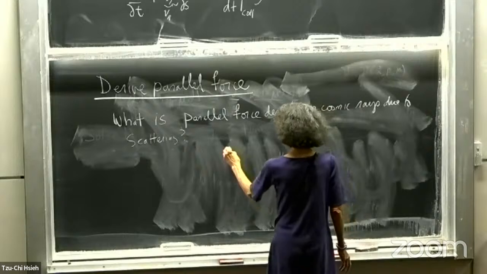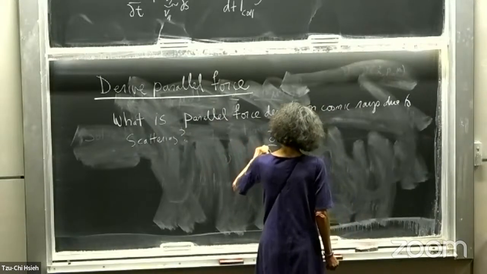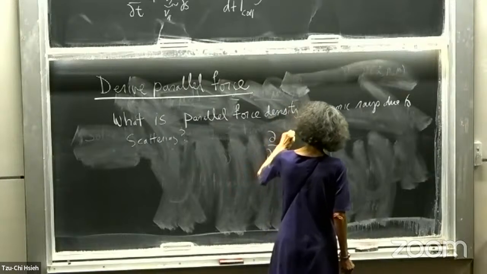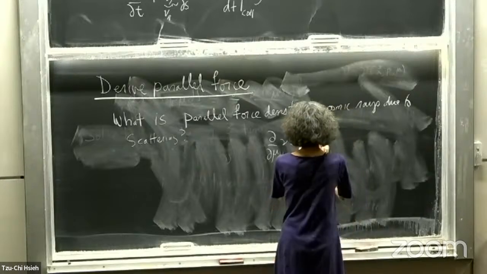So let's take our scattering term. So d by d mu, nu, times 1 minus mu squared over 2. So, okay, let me back up a little bit.